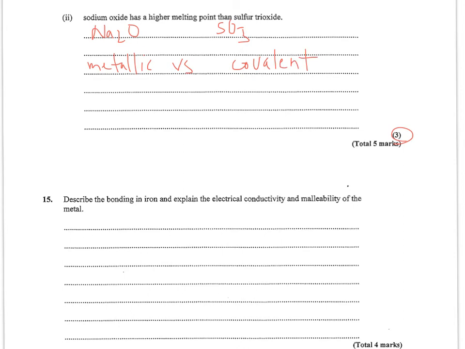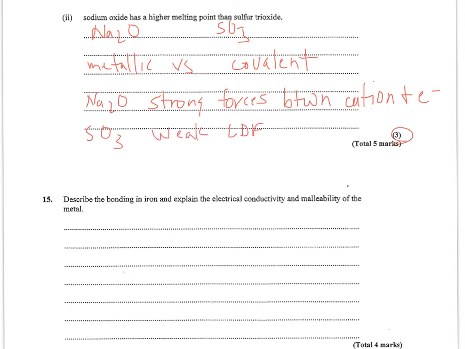That means for the Na2O, you have strong electrostatic forces between your cation and your anion. But in the SO3, the only thing holding it together are the weak London dispersion forces set up by just temporary dipoles. So these are the 3 different things they were looking for to give you 3 marks.